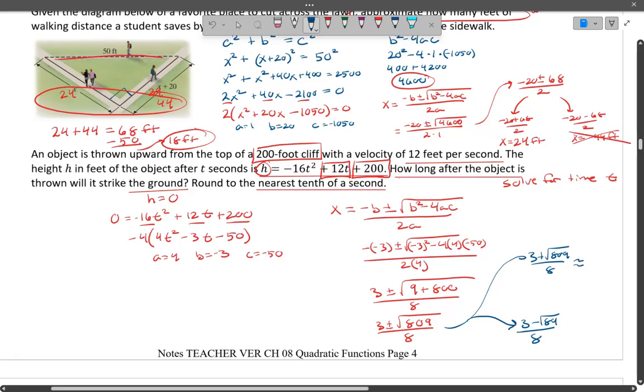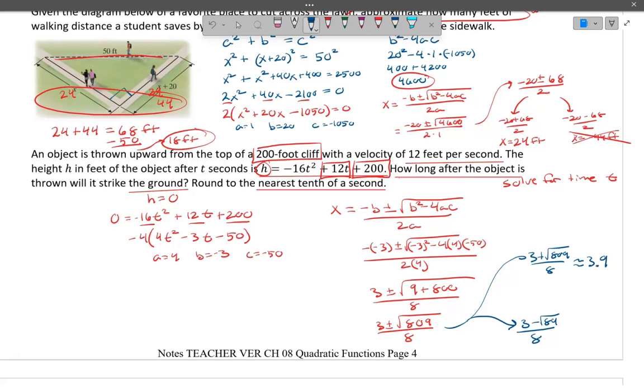When we evaluate both of these, we get approximately 3.93, which rounds to 3.9. And we get approximately -3.18, which rounds to -3.2. Because time can't be negative, we can disregard that, which means that it takes approximately 3.9 seconds for the object to hit the ground.